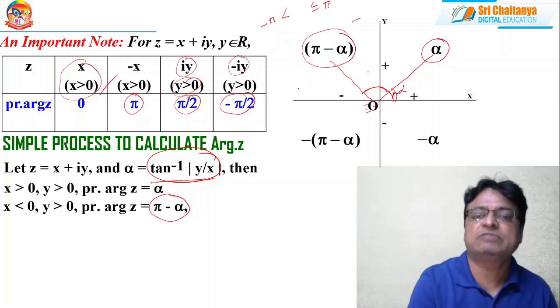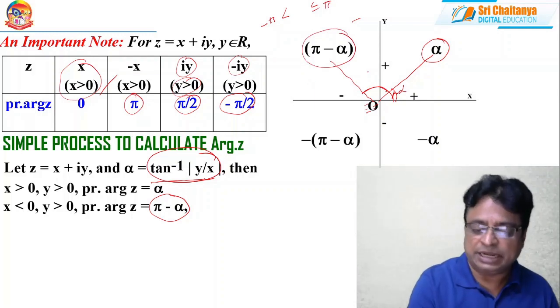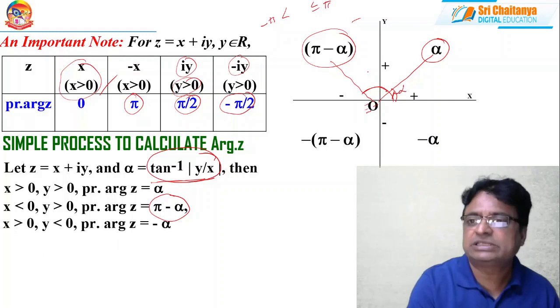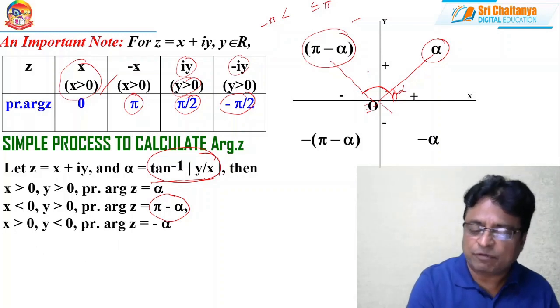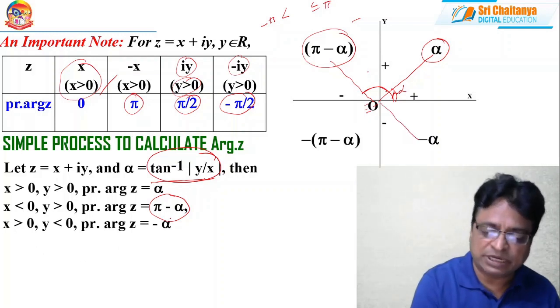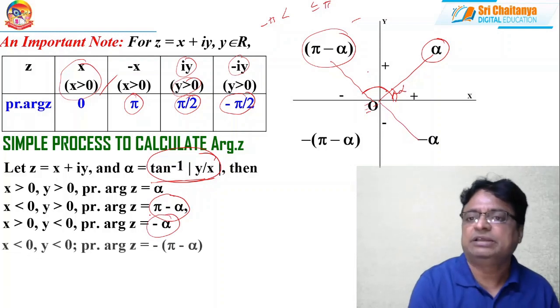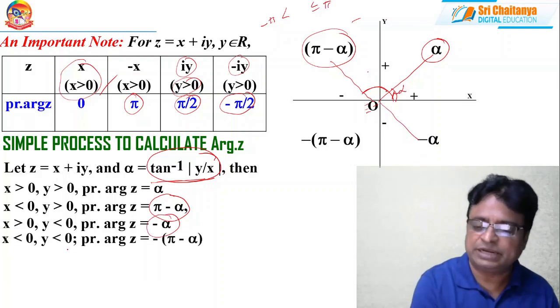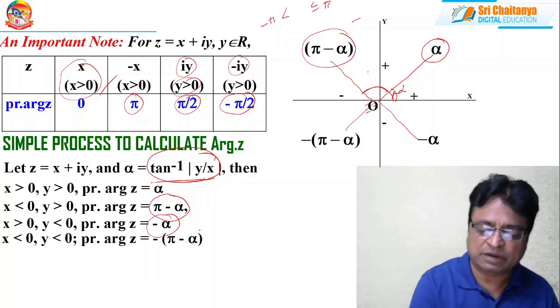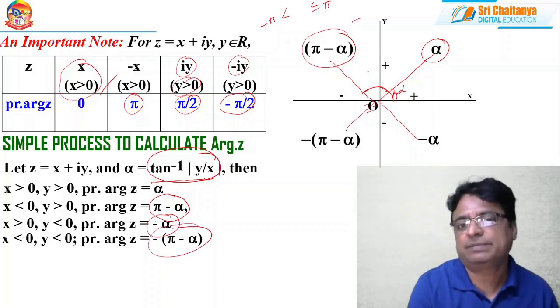What is alpha? Tan inverse mod y by x. And if x greater than 0, y less than 0, that means they are in the fourth quadrant, then the principal argument is minus alpha. And if they are in the third quadrant, x negative and y negative, then the principal argument is minus of pi minus alpha.